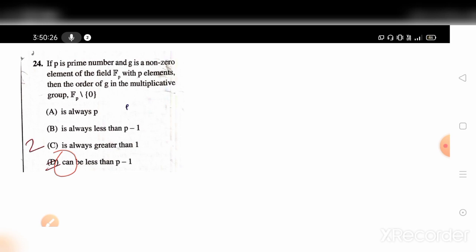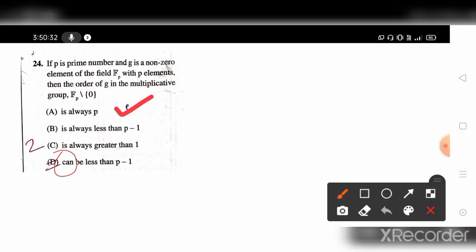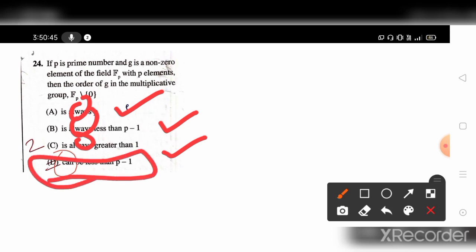The order can be less than P minus 1, it is not always P minus 1, so option A is not possible. Option D is correct.